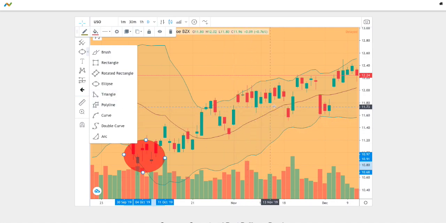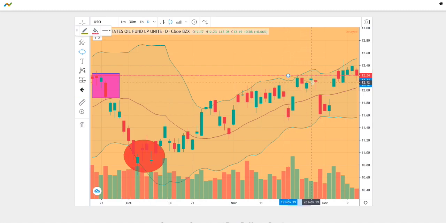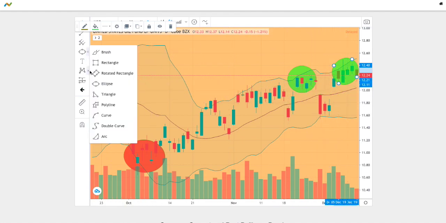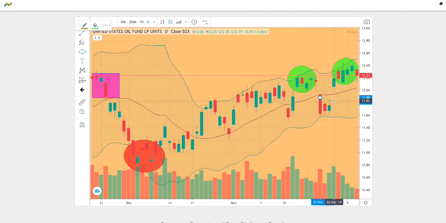We average above the middle Bollinger Band for several days, and towards the end, we touch the upper Bollinger Band twice. Between these two, we see it dip slightly into the middle Bollinger Band.